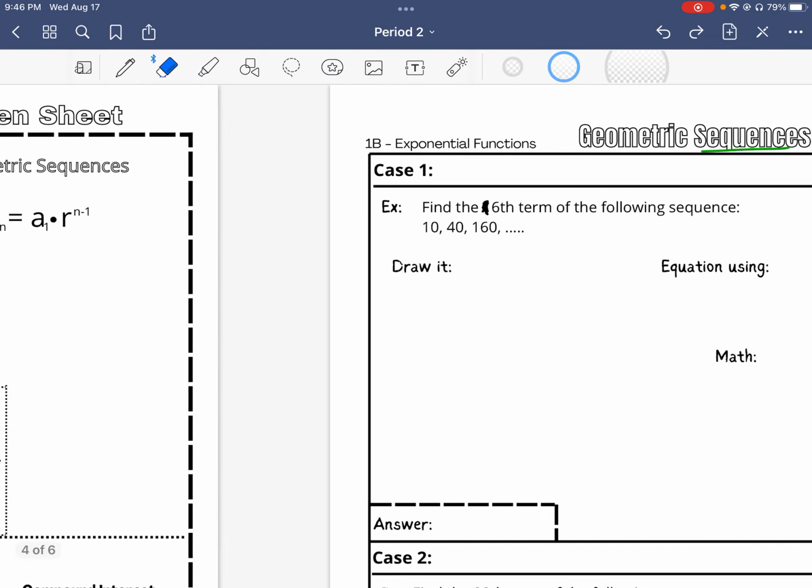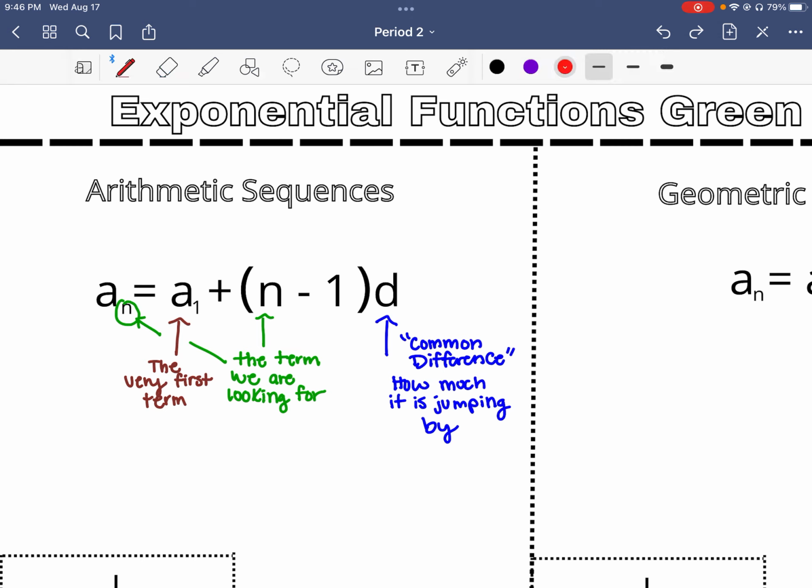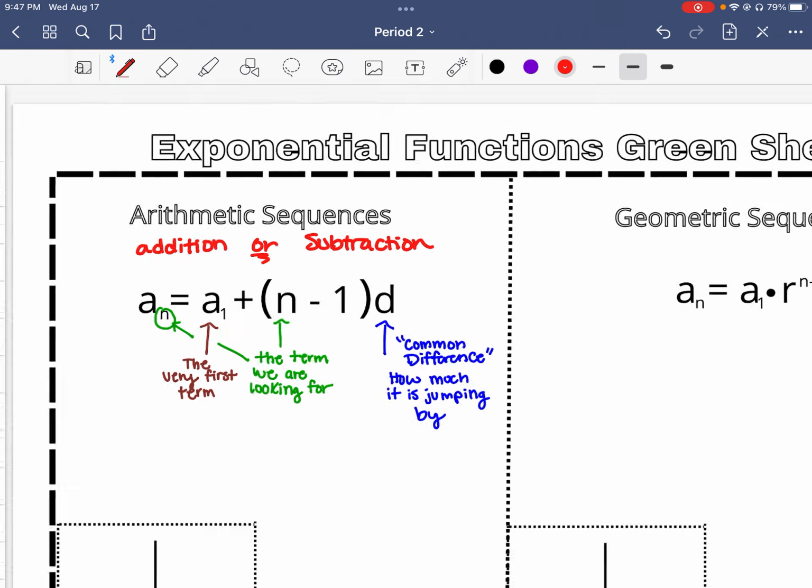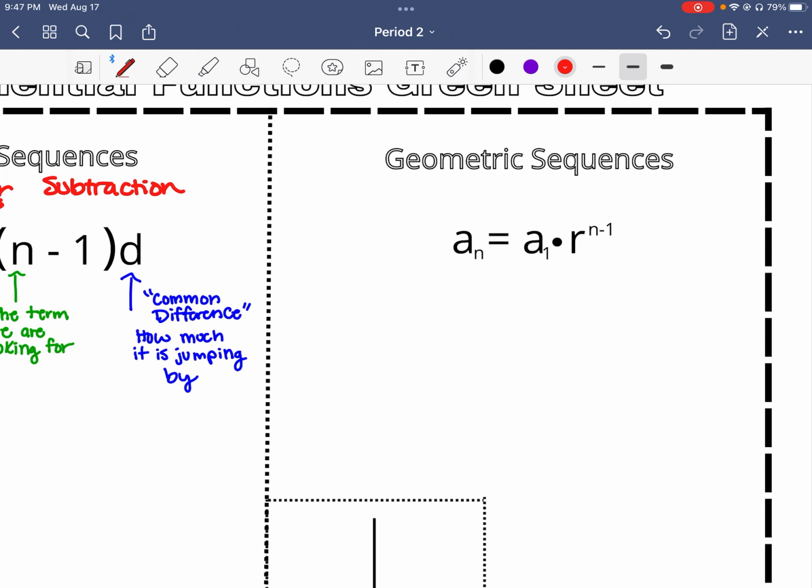So let's take it back to your green sheet. Arithmetic sequences only work for addition or subtraction. Geometric sequences work for multiplication or, can you take a guess?